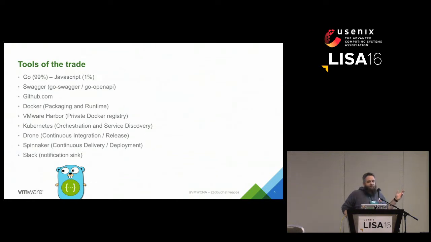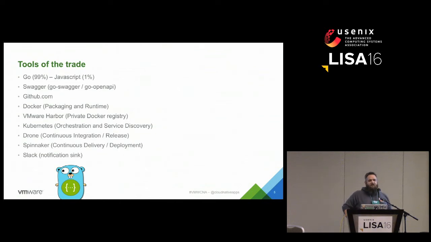There's a bunch of other projects like VIC, which is vSphere Integrated Containers, which is trying to bring Docker and VMs together basically on vSphere, and that is using Go as well, and it's using Go Swagger at the same time.